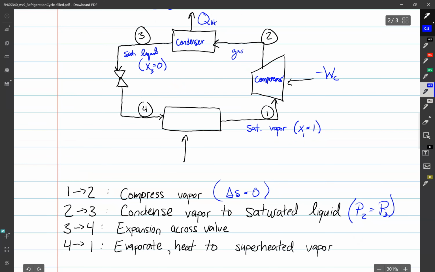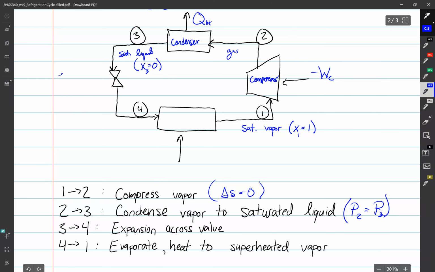From 3 to 4, this is where things get a little bit different than the Rankine cycle. From 3 to 4, we're going from high pressure down to low pressure. We do that across an expansion valve.